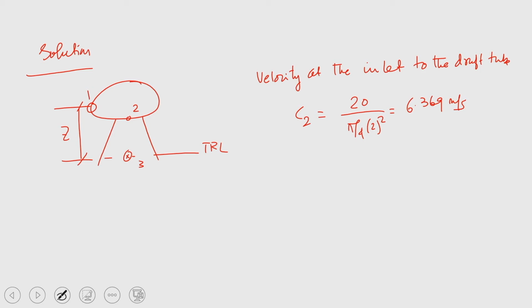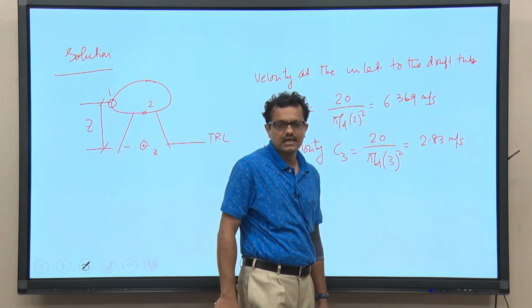Similarly, you can calculate the exit velocity C3 equal to 20 divided by pi by 4 into 3 square, and it is coming as 2.83 meter per second. So, you can understand that our objective of having this draft tube was to kill the kinetic energy, the kinetic head, and that you can see.